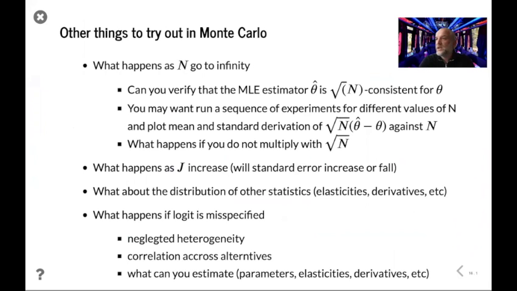I mean, we didn't analyze all the asymptotic properties of this maximum likelihood estimator for logit. It's relevant to ask other questions. What happens as n goes to infinity? Can we verify that the estimator is root n consistent for theta?